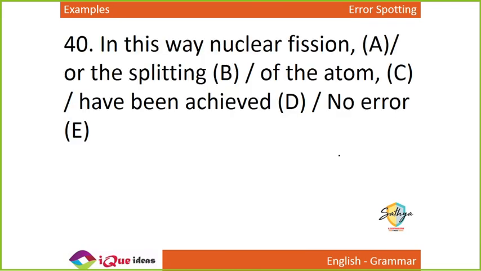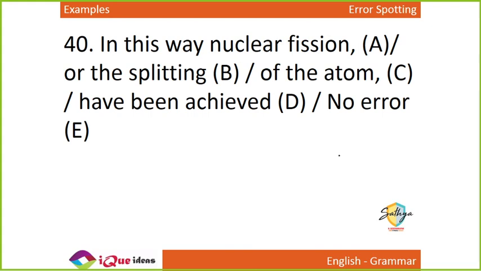Chalo. In this way, nuclear fission or the splitting of the atom have been achieved. Yes. Splitting of the atom, it's a singular event. Right? Nuclear fission, you're talking about one single event. So have been is for multiple. When you're talking about a singular event, you need a singular verb.